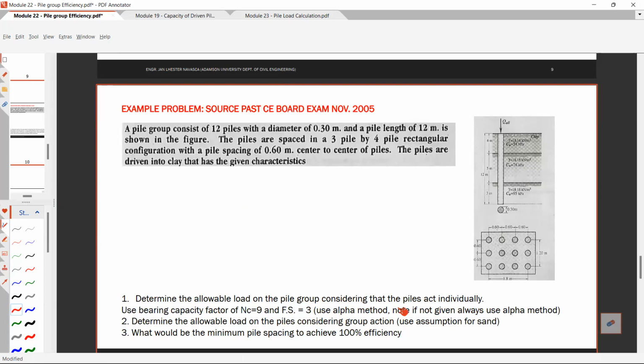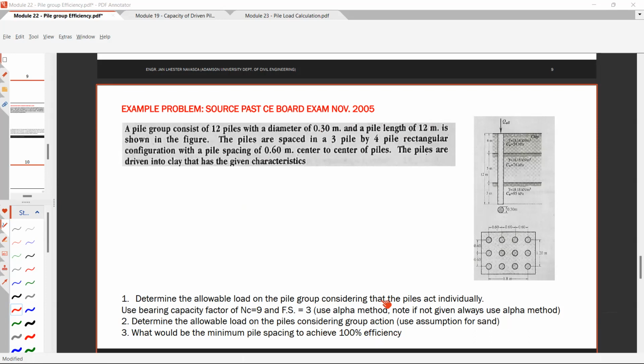So in our problems, if you see that it is not indicated whether to use the alpha, beta, or gamma method, always use the alpha method. You can call me out if I made a mistake and did not indicate the method to be used, but I insisted on another method, let's say beta or gamma. You can call me out: sir, alpha method should be our default.